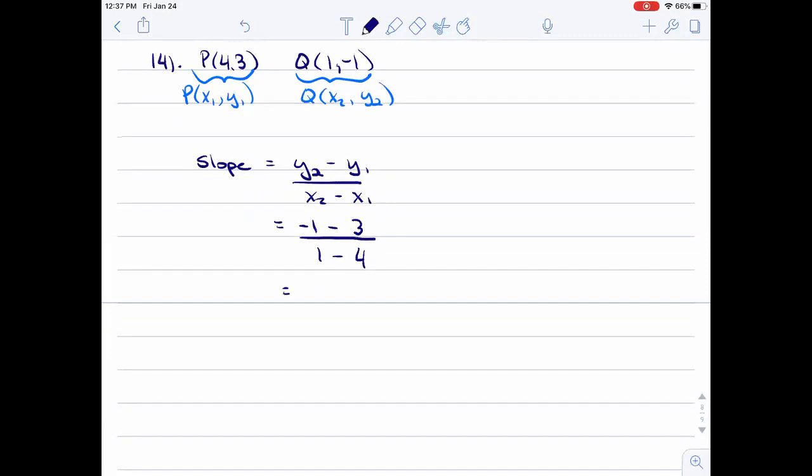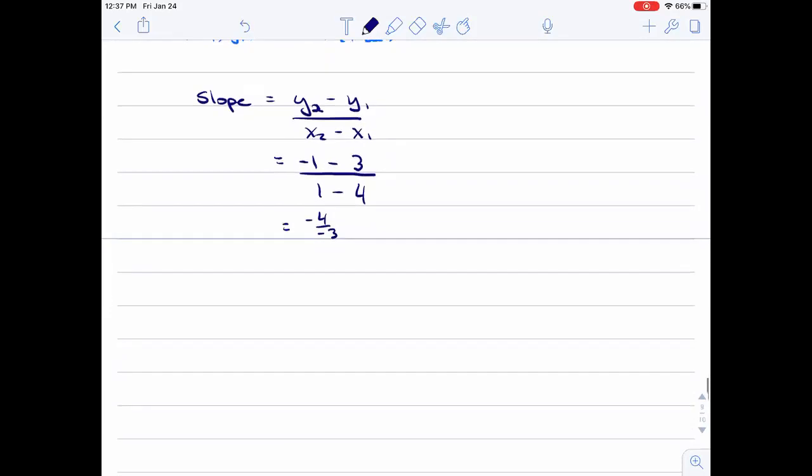So here, I'm getting -4 over -3. But that's going to be positive. And so now I get just 4 over 3.